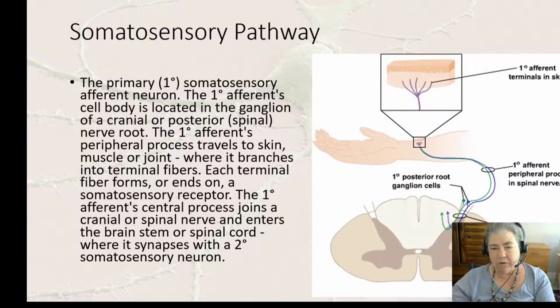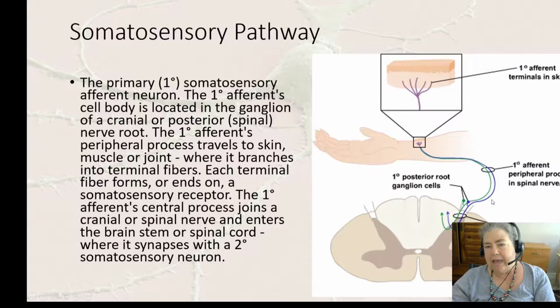The primary somatosensory neuron or cell is in the peripheral nervous system. It is outside of the central nervous system in the dorsal or posterior nerve root ganglion. These pseudo-unipolar neurons have a peripheral process and a central process.